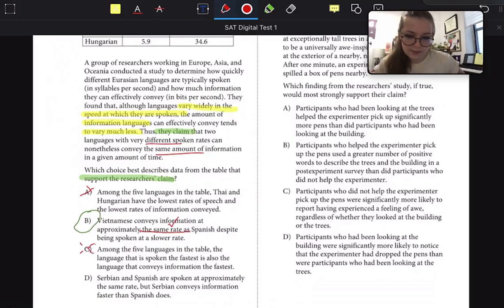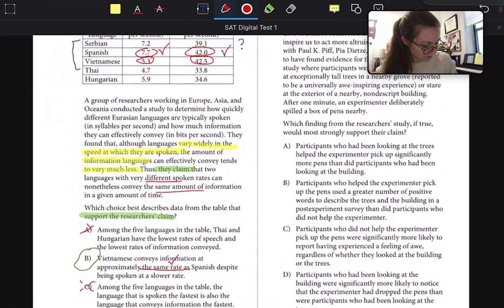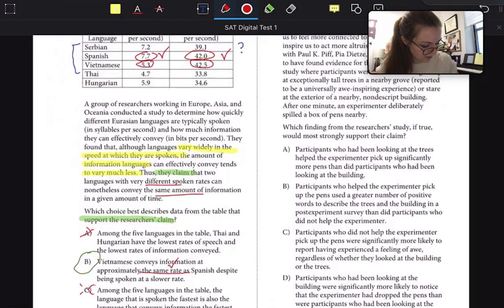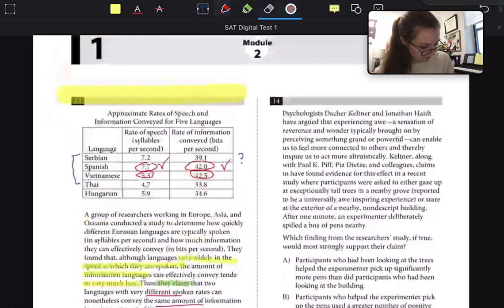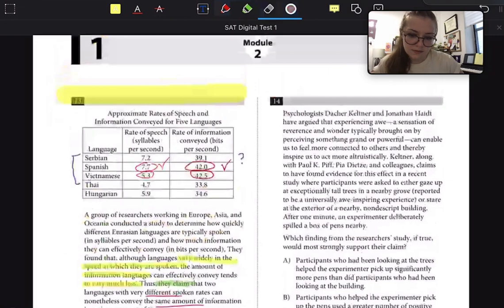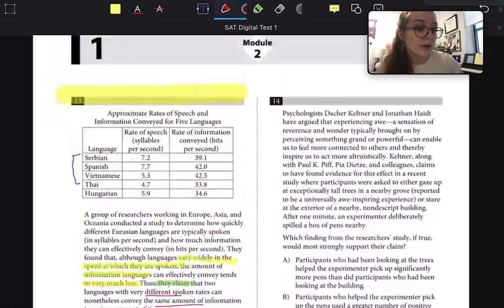So then let's look at D. Serbian and Spanish are spoken at approximately the same rate, but Serbian conveys information faster than Spanish does. Let's see. Serbian and Spanish are spoken at approximately the same rate. Let's go back and see. They're within about 0.5 bits of each other again.